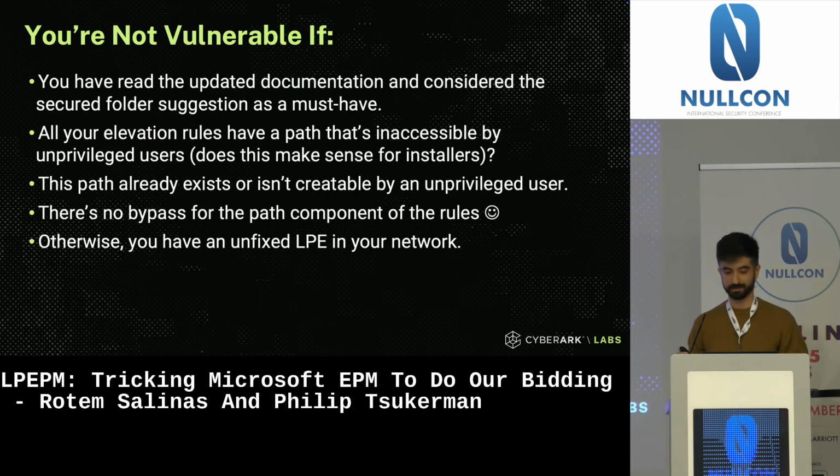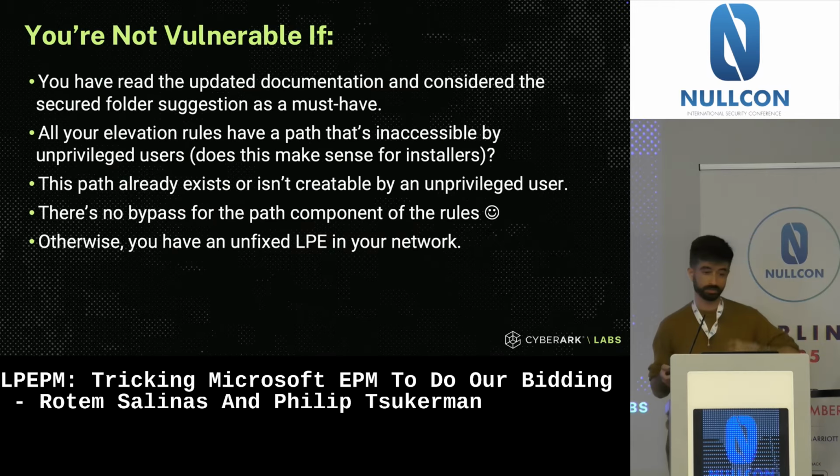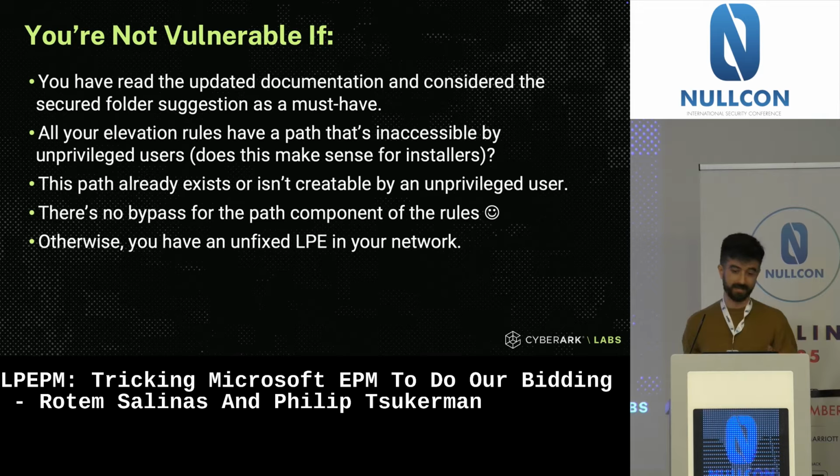So, to reiterate, you're not vulnerable if you've read this updated documentation recently and you've decided that the suggestion is a must-have. All of your elevation rules, not a single one, should exist without a path, and that path is specifically inaccessible by unprivileged users, and it already exists, meaning that if you can create that path, you can put something in that path.